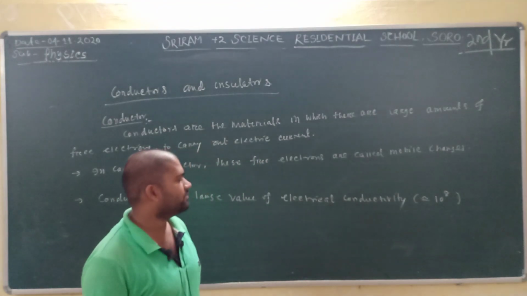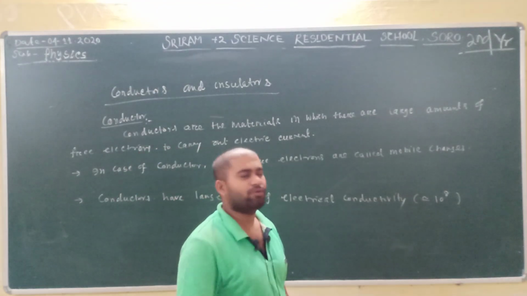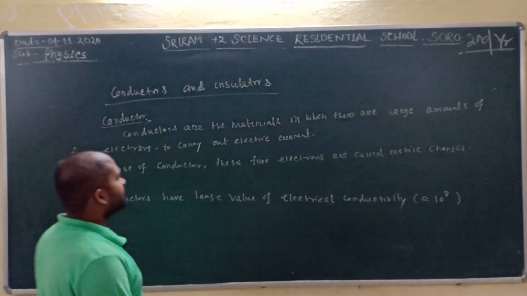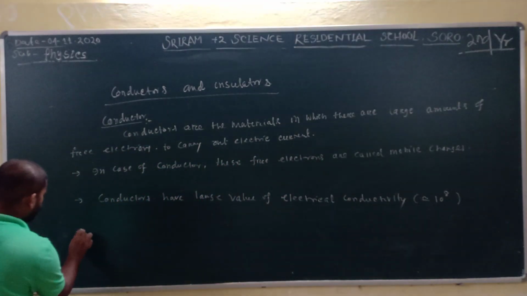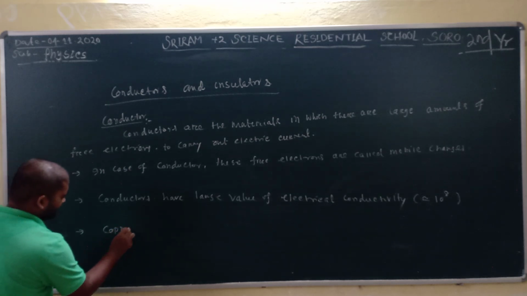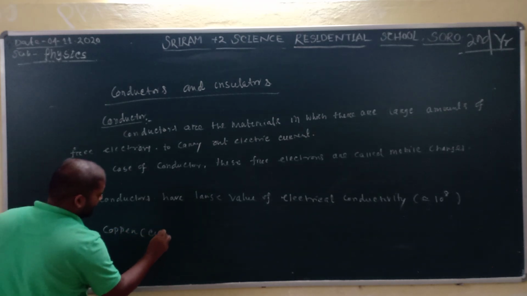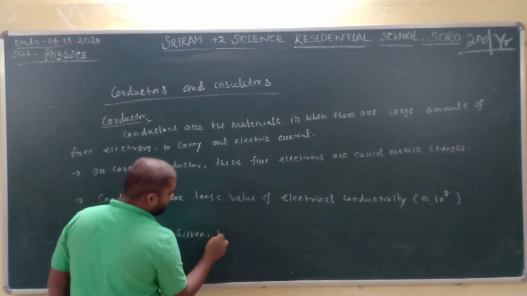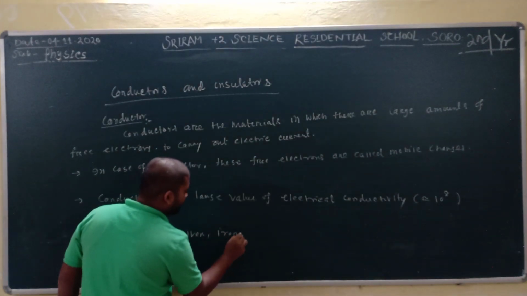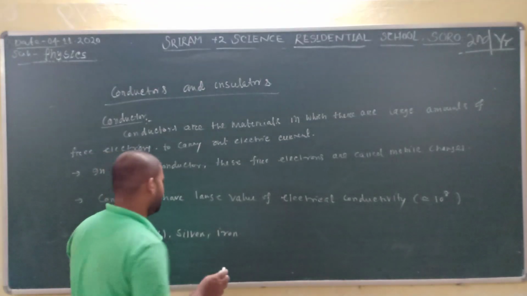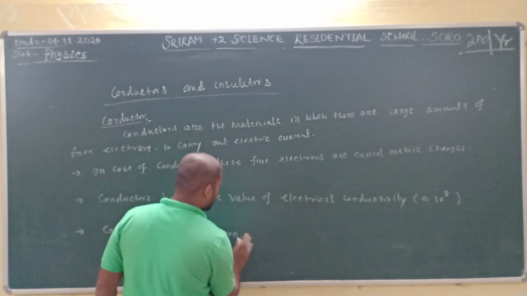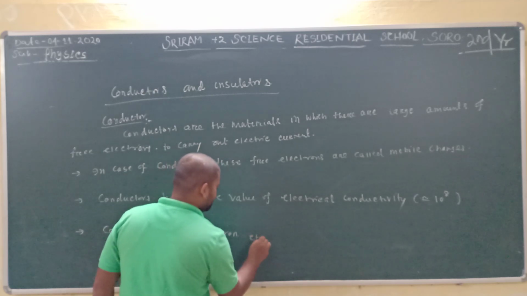Electrical conductivity is very high in the case of conductors. Examples are copper, silver, iron, cobalt, etc. All metals are conductors.